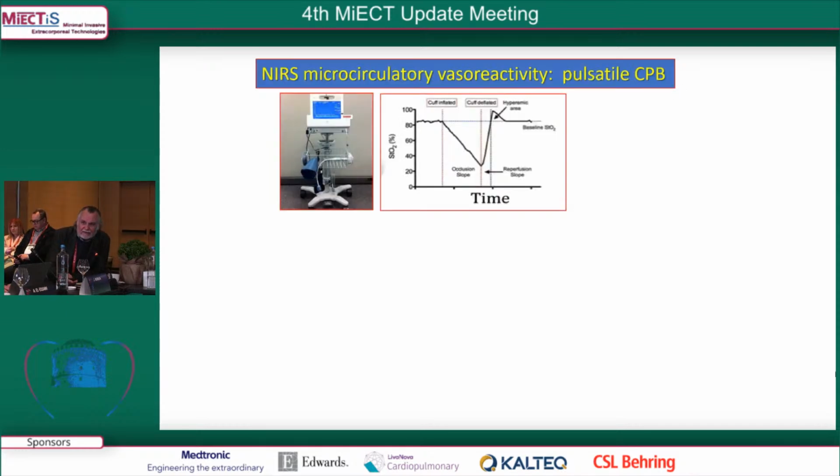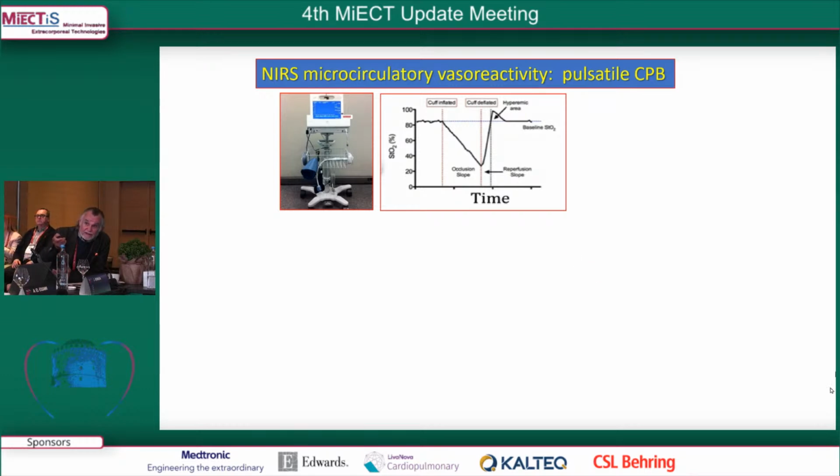So when we start to look at some of the aspects of cardiopulmonary bypass, we were very interested in looking at microcirculatory vasoreactivity using an ischemia reperfusion challenge, in other words, a blood pressure cuff, and using tissue oximetry to measure both the desaturation and, most importantly, the reperfusion, the slope of the reperfusion curve, and then the hyperemic phase, which is the little bump above the arrow.